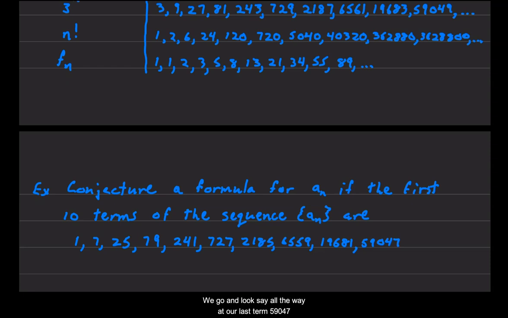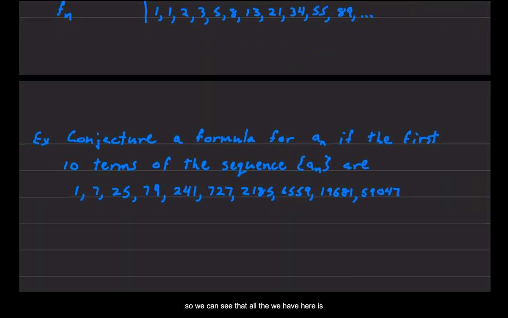If we look all the way at our last term, 59,047 compared to 59,049, again, it's consistent, it's 2 less. So we can see that all that we have here is our sequence a_n is equal to 3 to the n minus 2.